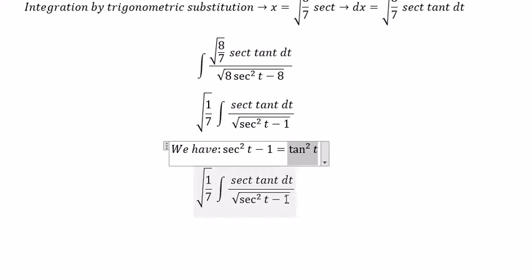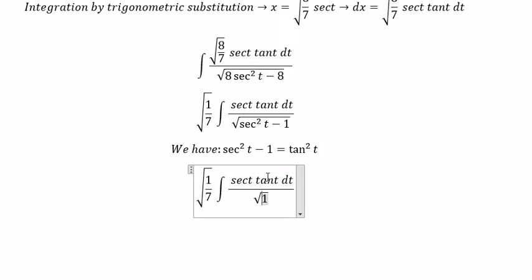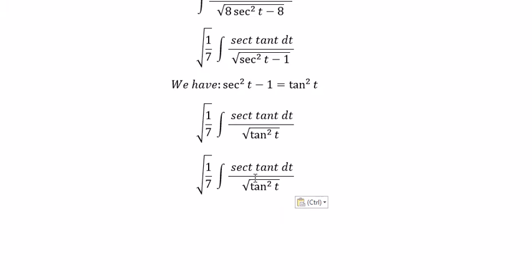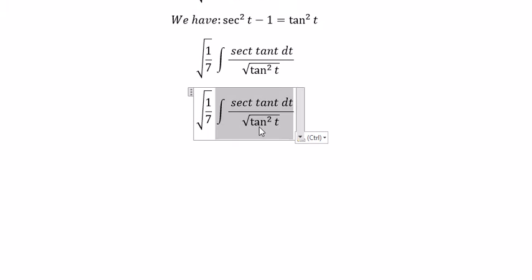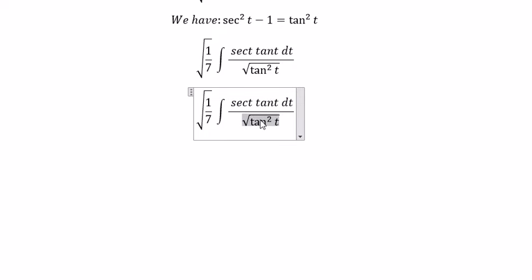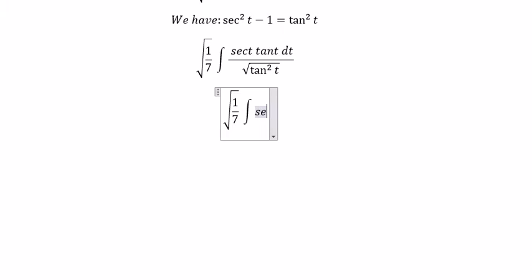We put this one in here. The square root of tan t squared, you got tan t. You got tan t, simplify tan t, you got secant dt.